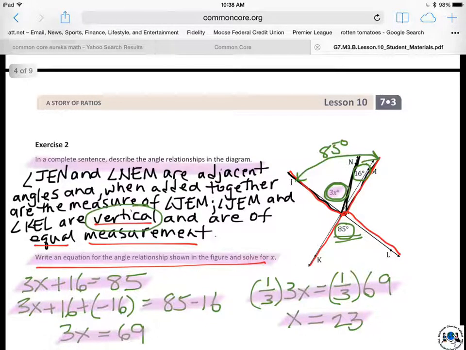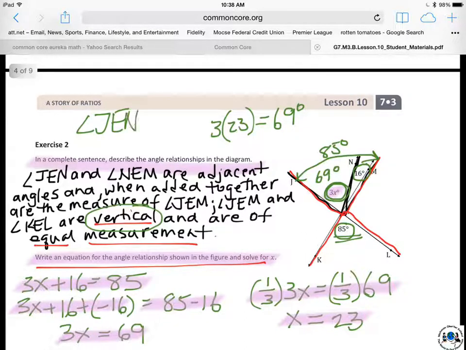So we plug that in: 3 times 23 equals 69 degrees. So right here, this total is 69 degrees, so angle JEN equals 69 degrees. You could have just added it up, but we want you to work with your equations.